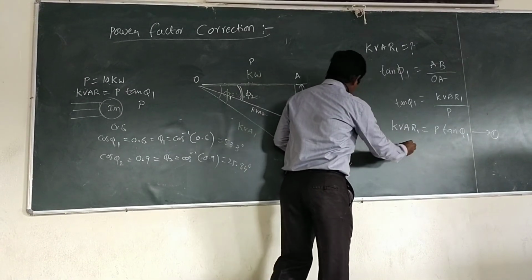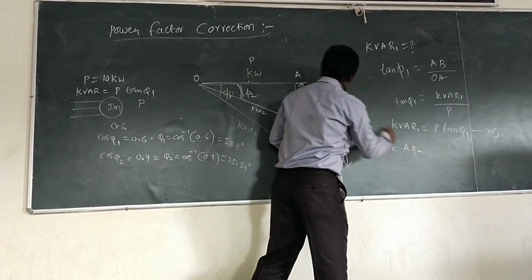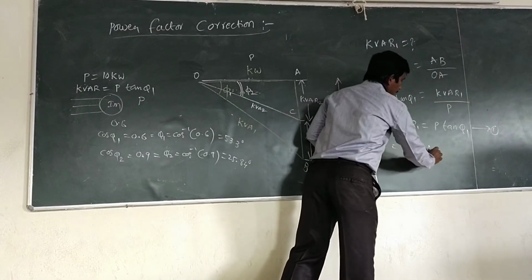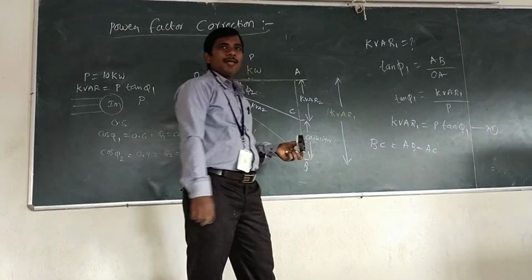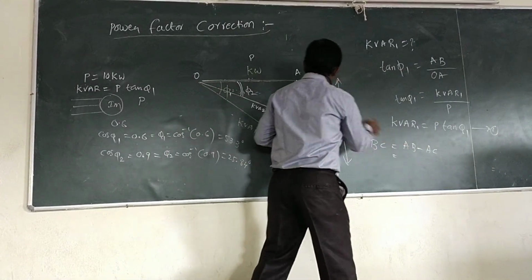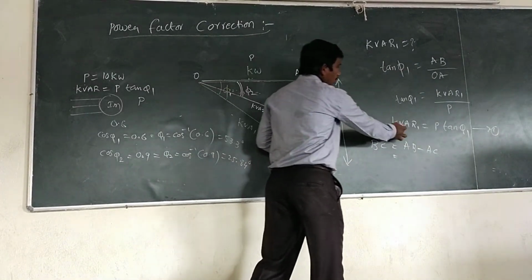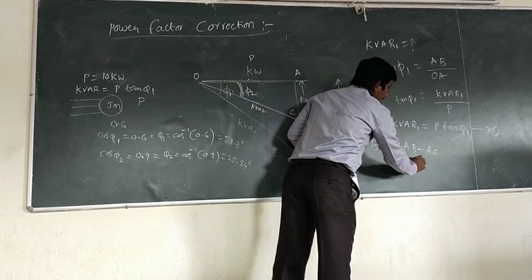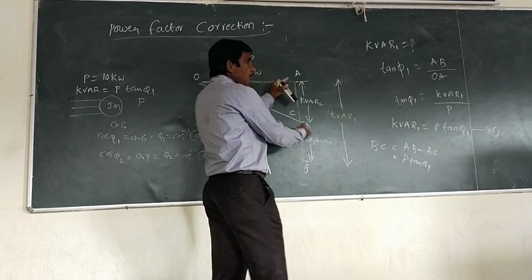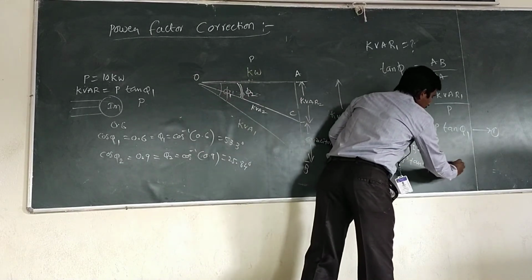BC equals AB minus AC from this power triangle. AB is nothing but the total kVR1, P into tan phi 1, minus AC, which is kVR2, P into tan phi 2.